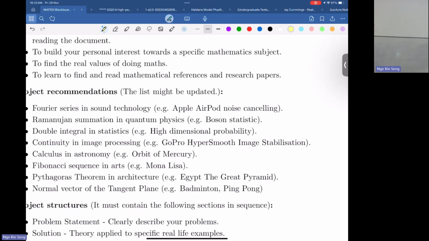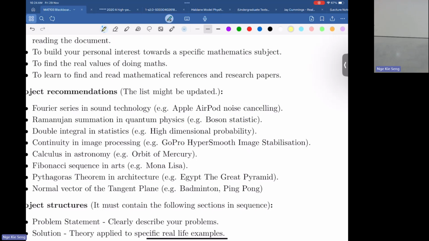In Fourier series, we split a sound wave into a linear combination of sine and cosine waves. The coefficients decide what sound it is. If you put a negative of that coefficient and add the two together, you get a zero function, which is the no sound that you listen to. So you can do Fourier series in sound technology, not just Apple.